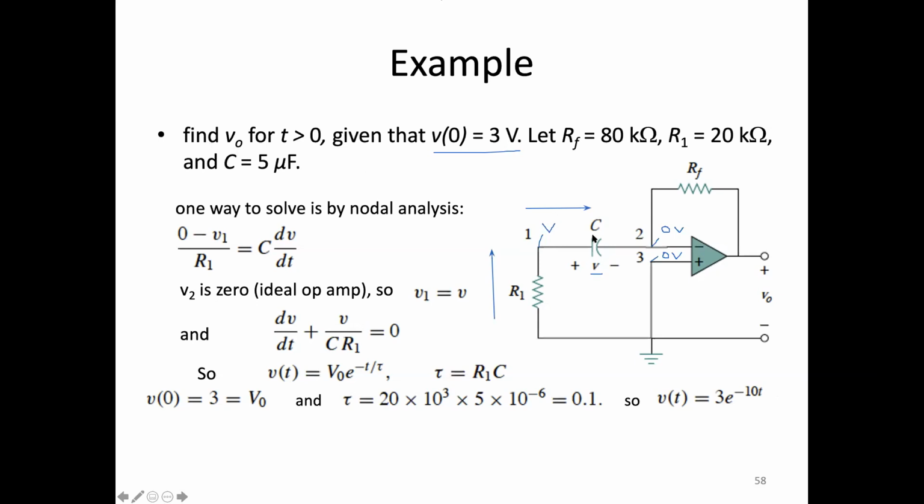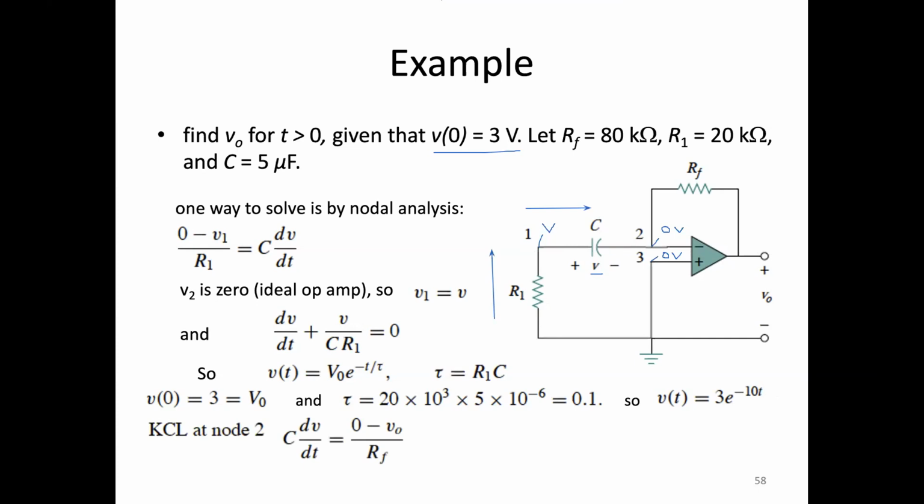Unfortunately, we are asked to solve for V naught, which is the output voltage. And so we somehow have to convert the voltage over here to the voltage over here. So one thing to note in this circuit is that there's no sources, right?